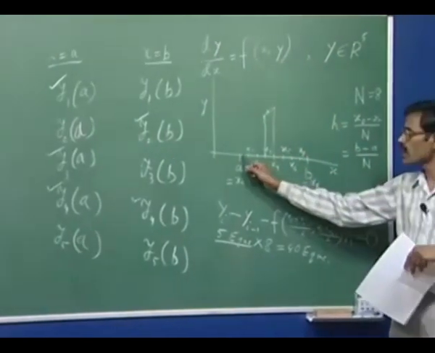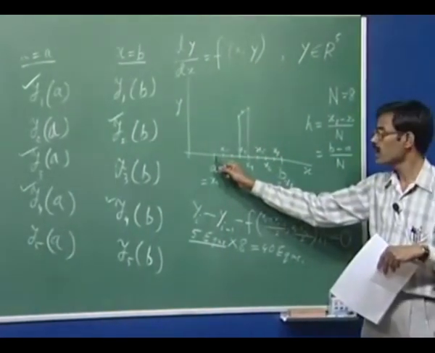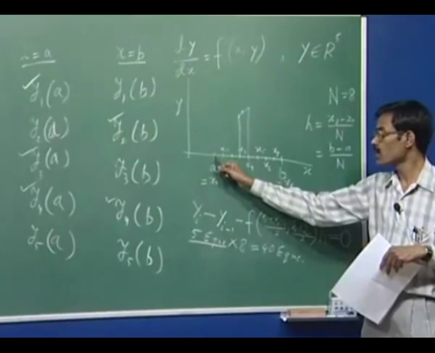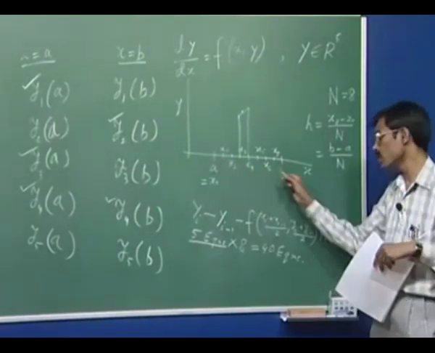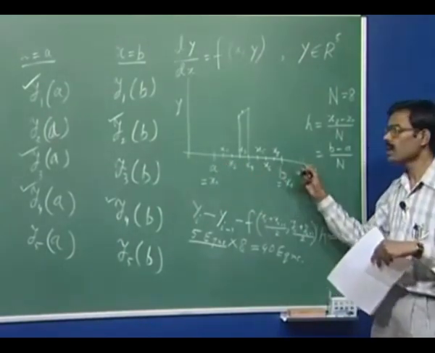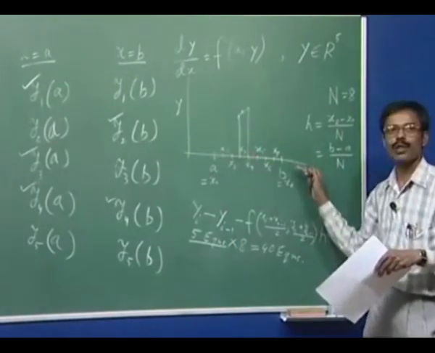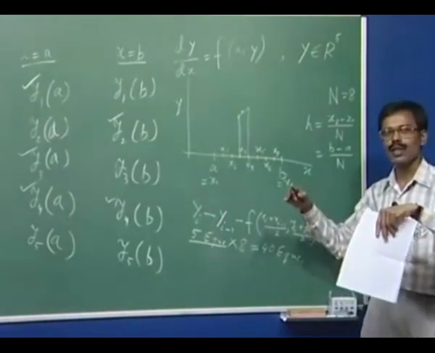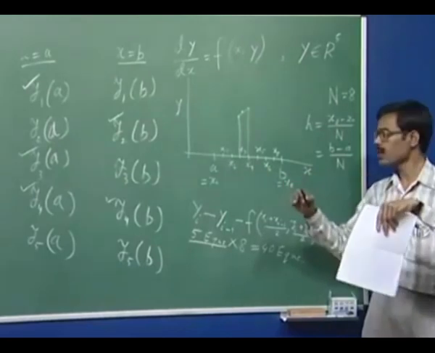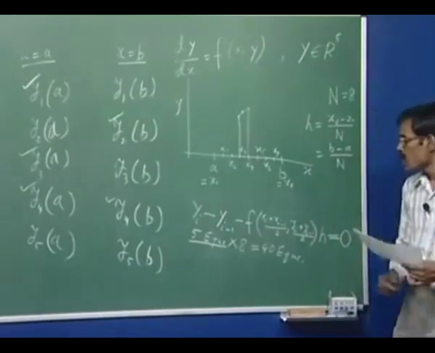Not like the shooting method, in which we try to build the solution from this end towards that end. Okay, here in the global perspective, all the parts of the domain are given due importance, and they are adjusted all together.